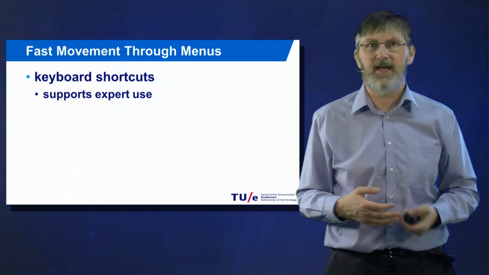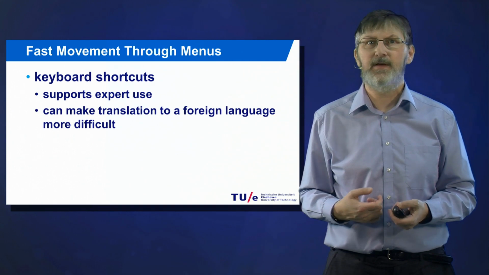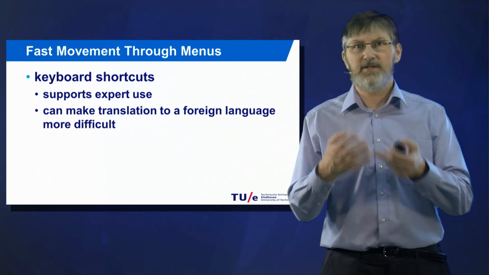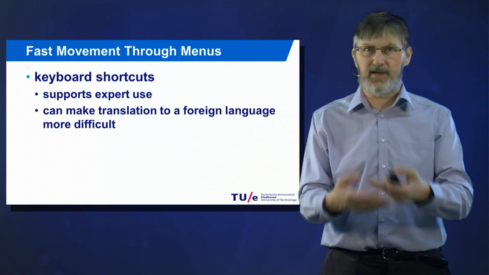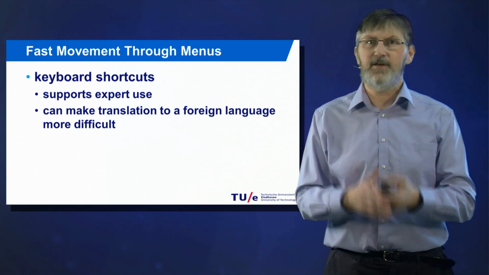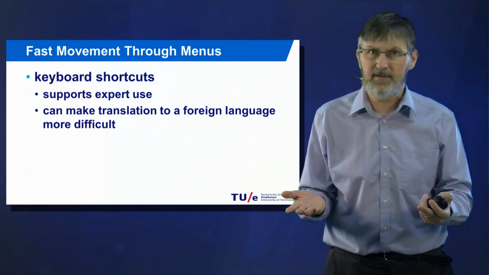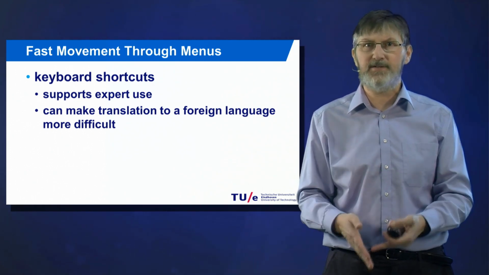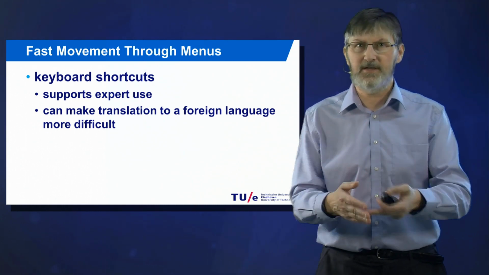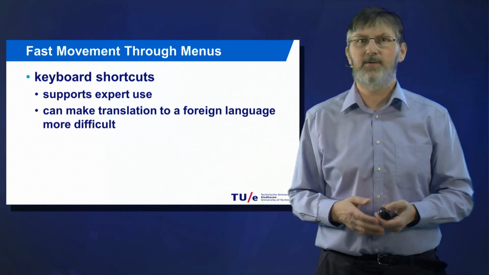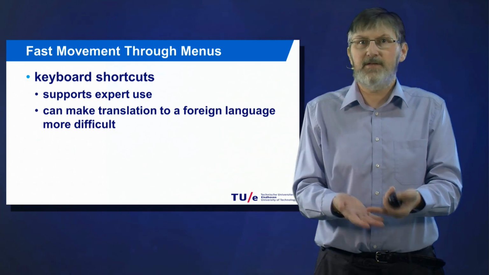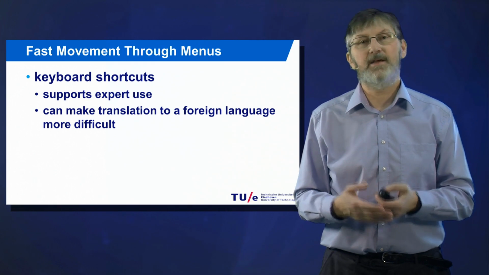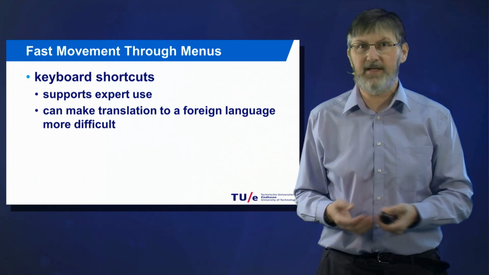This supports expert use, it's faster to use it, but it can make translation to foreign languages difficult. What typically happens is that software like Microsoft Office is available in many languages, but the keyboard shortcuts are all based on abbreviations from the English term for the menu items. And these terms may not make sense in Dutch, and they may not start with the same letter as in English.